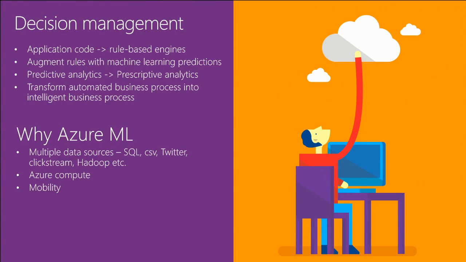Mobility. So Azure ML, as we'll see a little bit further, allows you to work with just the REST API. So when the model is built, let's call it a predictive model, it can be deployed just as a web service. That is the coolest thing, I think, in the Azure ML platform, that you can call this service in whatever application you are in. And that's what cloud allows you to do.